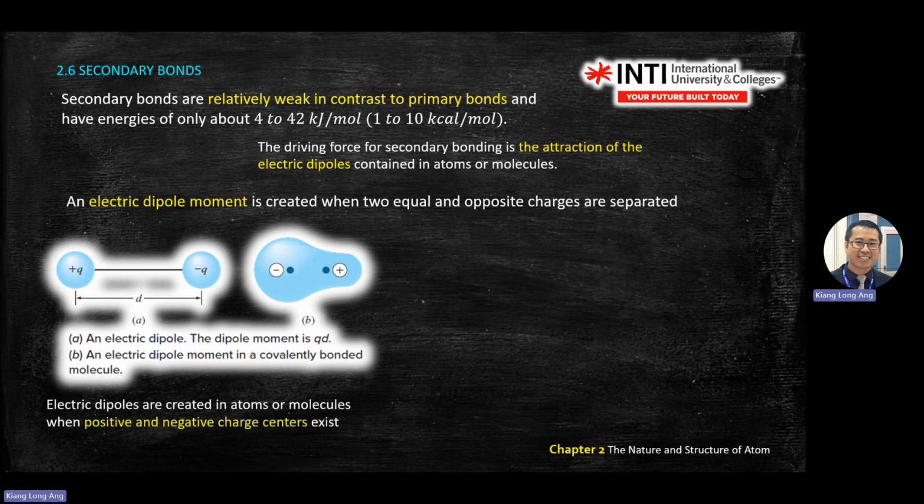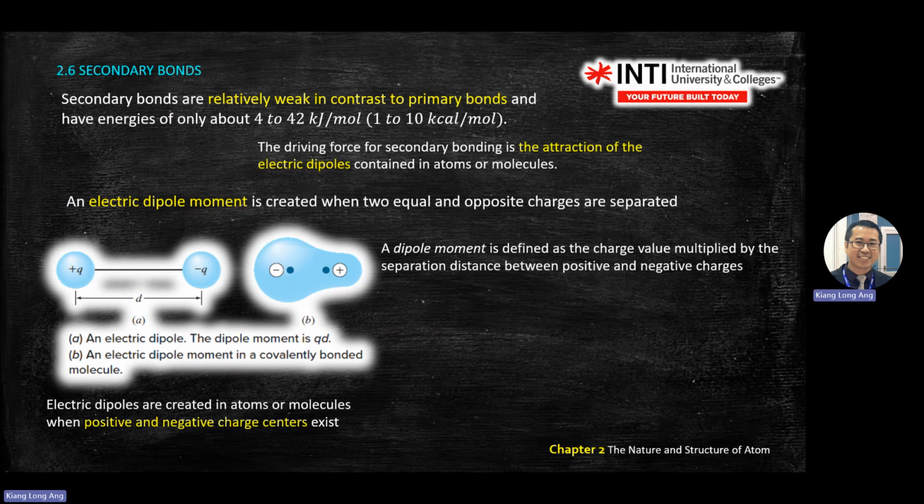There's an equation: mu dipole equals Q multiplied by D. Mu equals QD. So you take the charges, multiply by the distance between the centers of the 2 molecules or atoms.